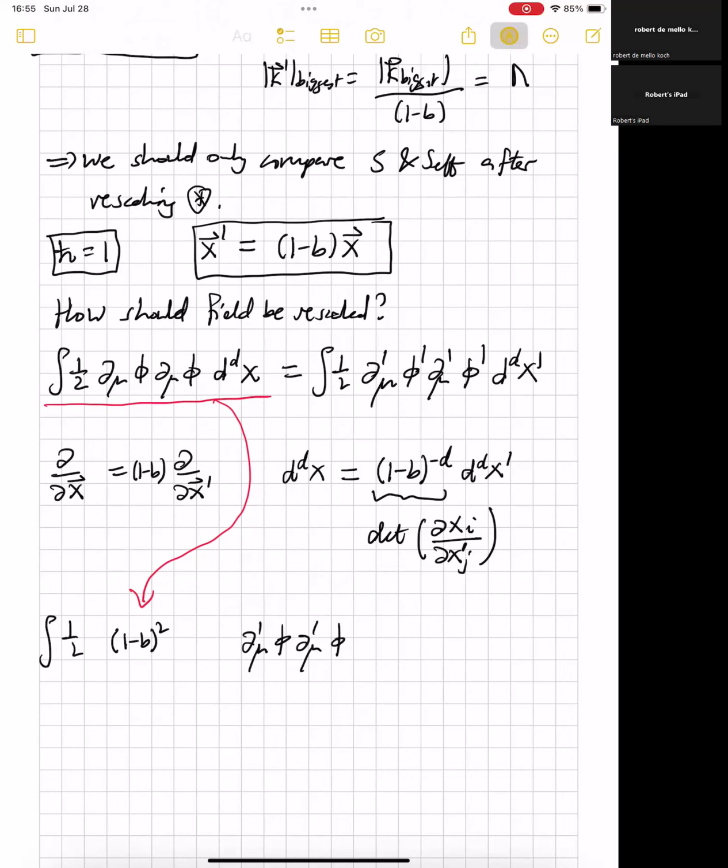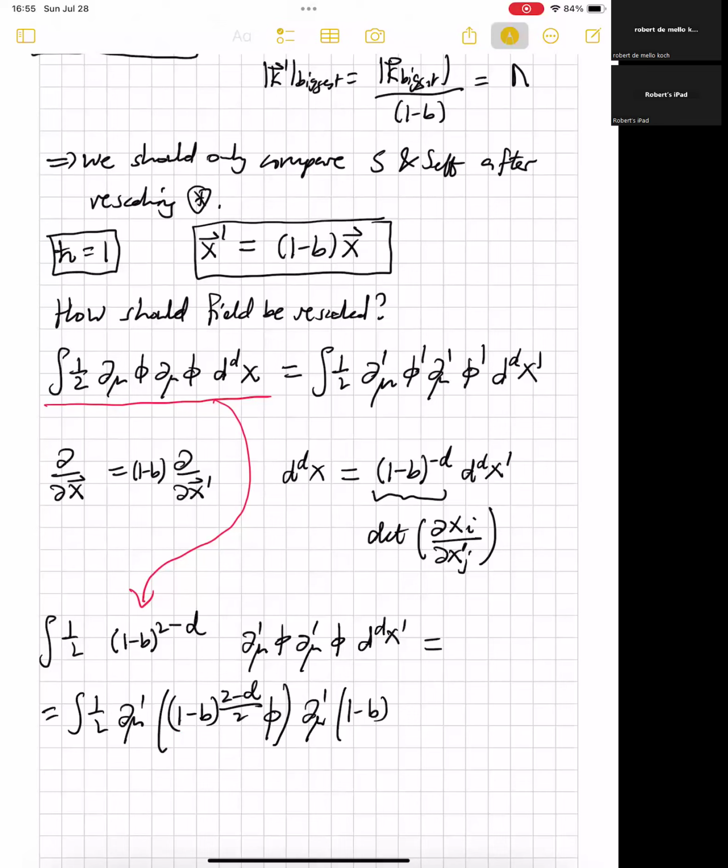And then if we want to have a d dx primed, then we need an additional minus d. And we can rewrite this as follows, an integral of 1/2 d mu prime, and then we can put in 1 minus b to the 2 minus d over 2 phi, and a d mu primed 1 minus b to the 2 minus d over 2 phi. So I've just split this factor into a product of two terms and associated one with each of the fields.